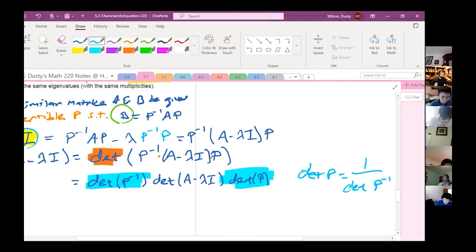So if I have a determinant of P inverse times a determinant of P, what's that product going to be equal to? From James and Ryan and Ben and Alex and others, it's going to be a nice, happy 1 times the determinant of A minus lambda I.